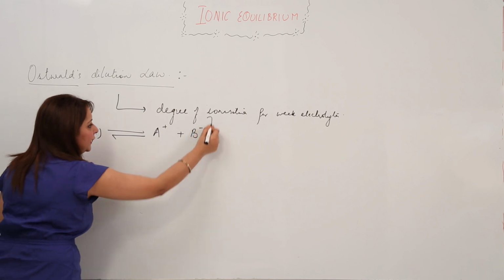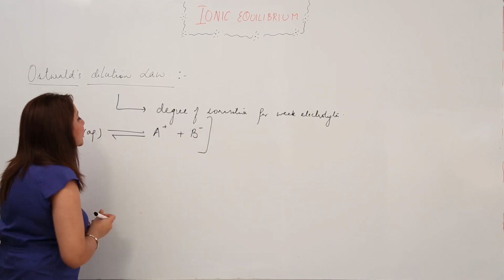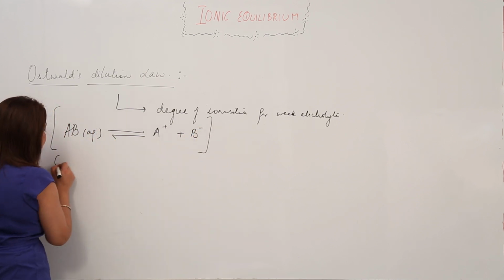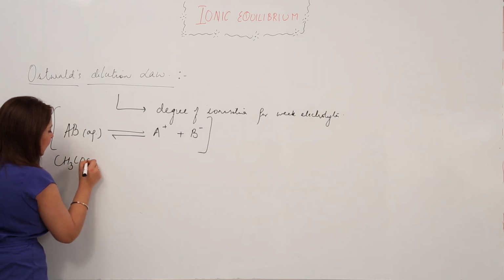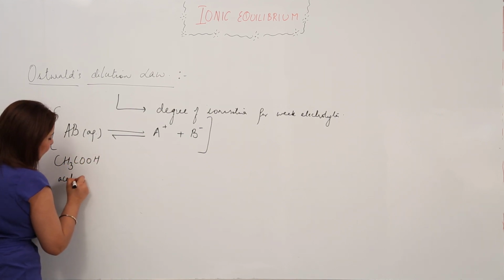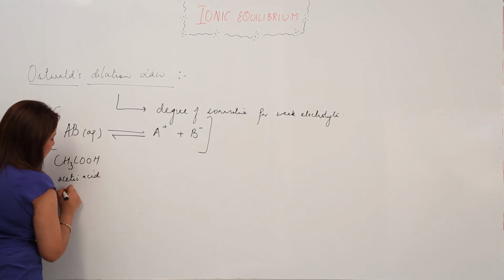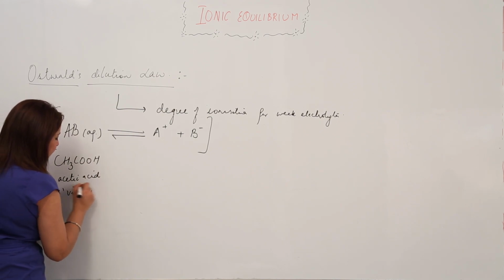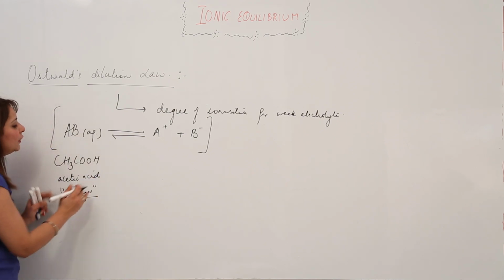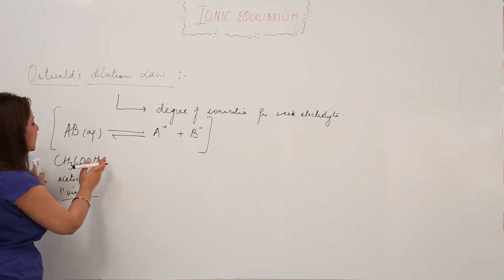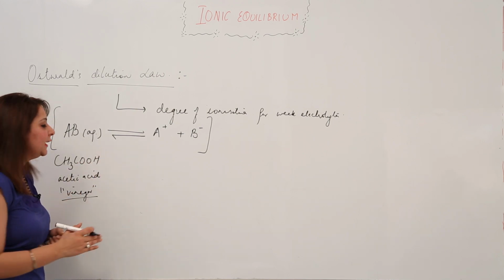You know that we did this in electrolysis, how it happens. So I am considering an example, acetic acid. I think you are familiar with acetic acid. It is the vinegar that is used in the kitchen, right? The formula for acetic acid is CH3COOH. It is a weak electrolyte.